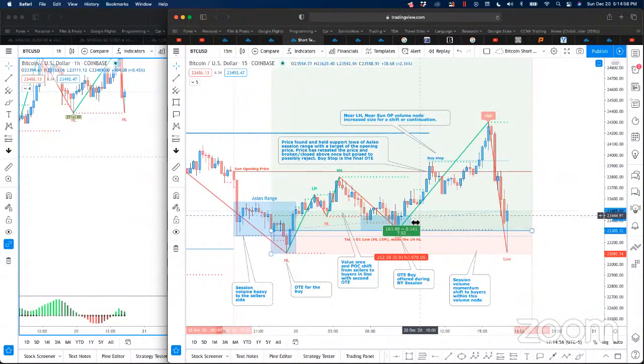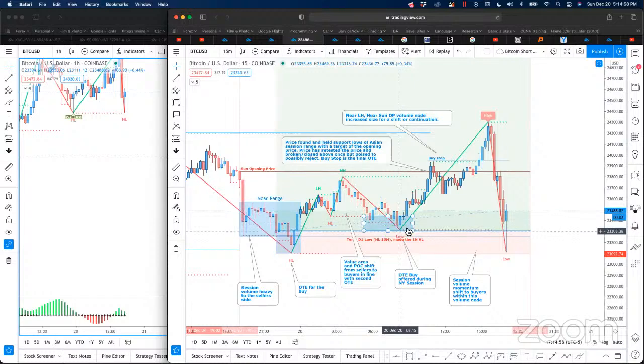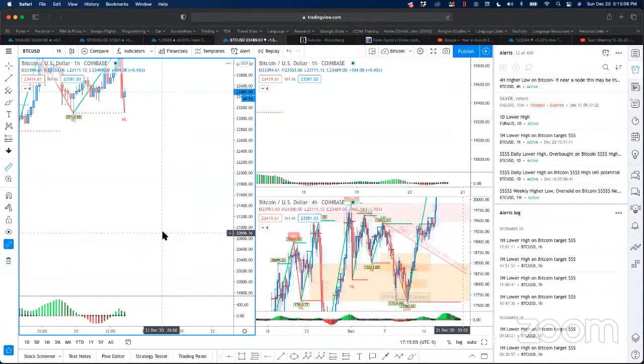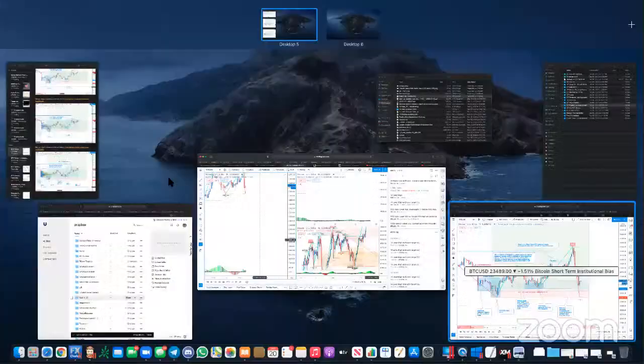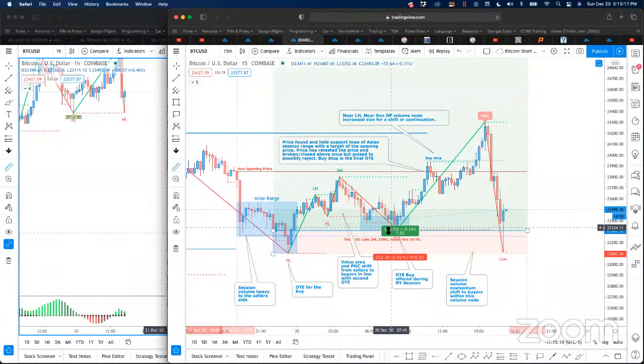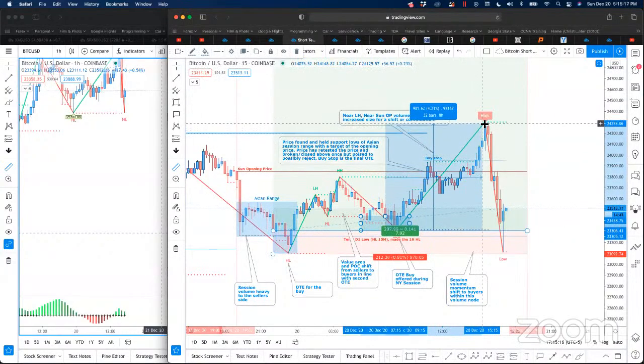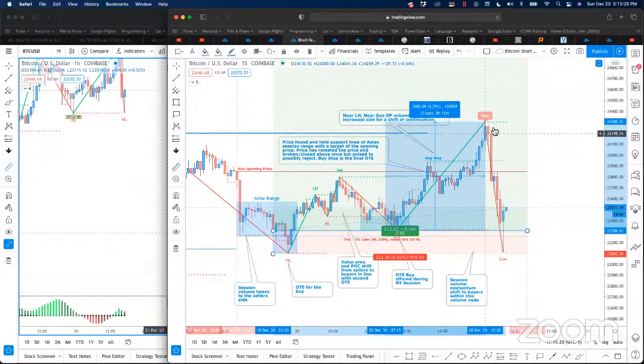And I could have got in another entry when it pushed up from here and then it expanded, right? So this one ended up going 100 pips from my entry right here, and I got stopped out somewhere up there, right?